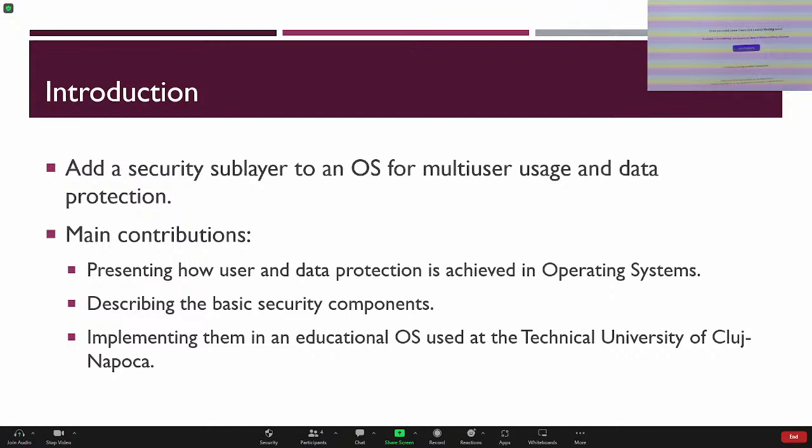We implement that using the authentication of users, the division of them into groups, and the authorization check on objects that they want to access. So what I explored in this paper was presenting how user and data protection is achieved, describing the basic security components, and implementing them in the educational operating system used at my university.